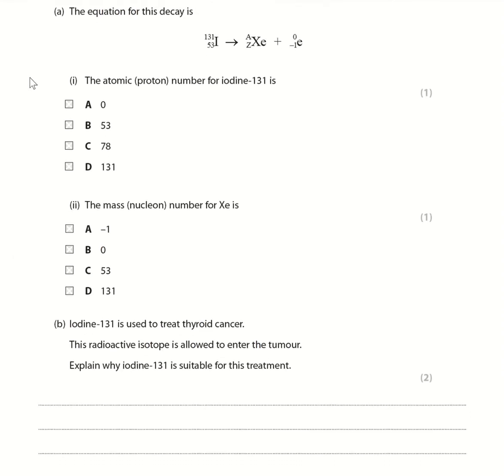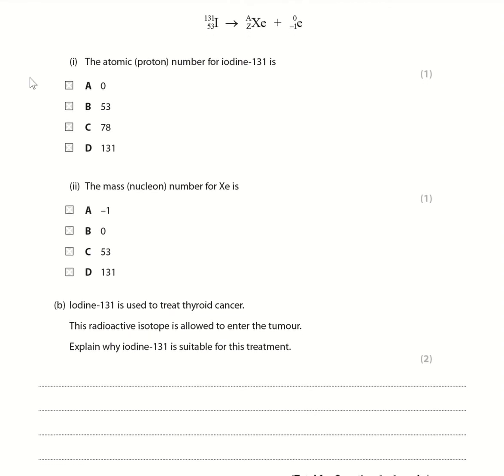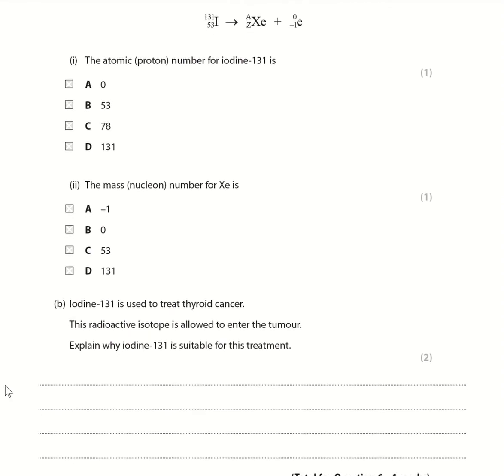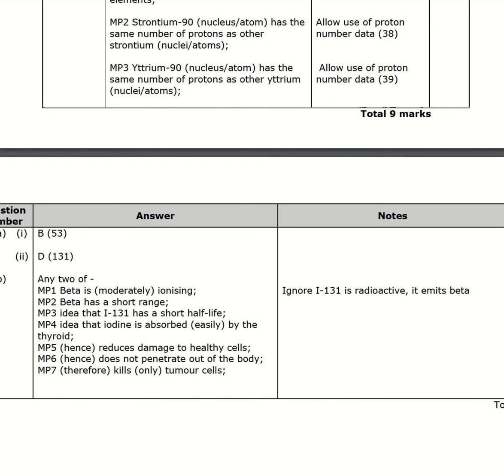Iodine 131 is used to treat thyroid cancer. This radioactive isotope is allowed to enter the tumor. Explain why iodine 131 is suitable for this treatment. Well, it is suitable because beta is moderately ionizing and has a short range, and iodine 131 has a short half-life.